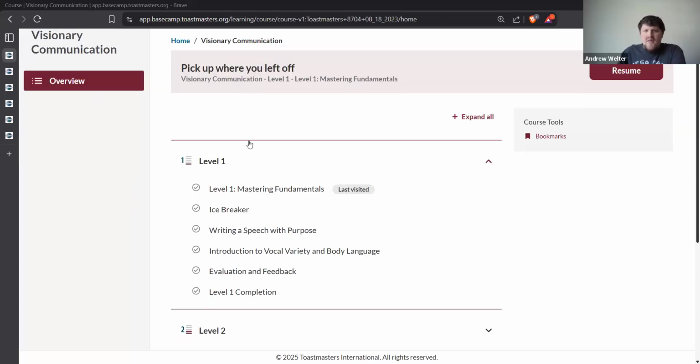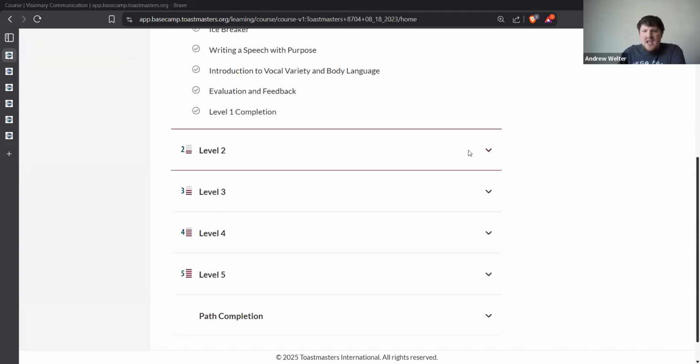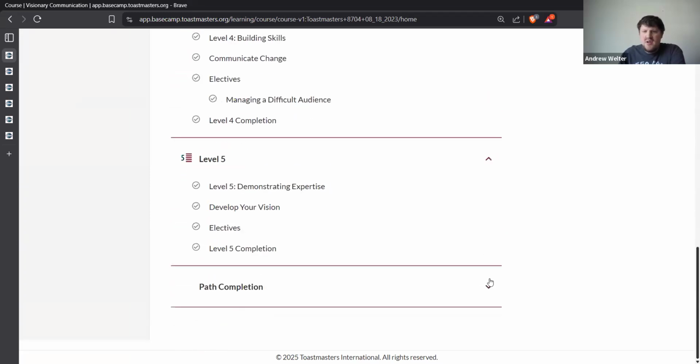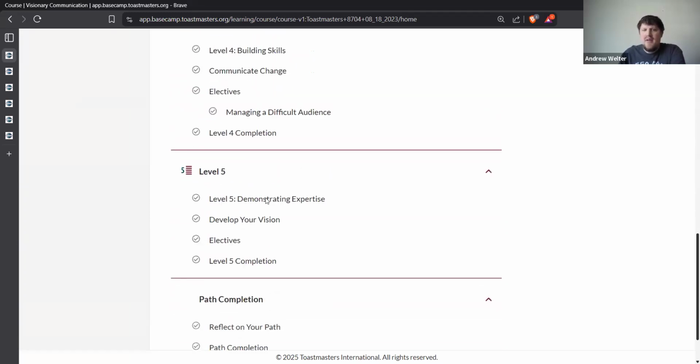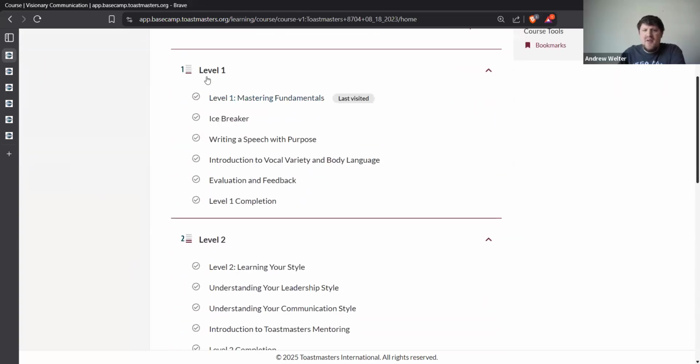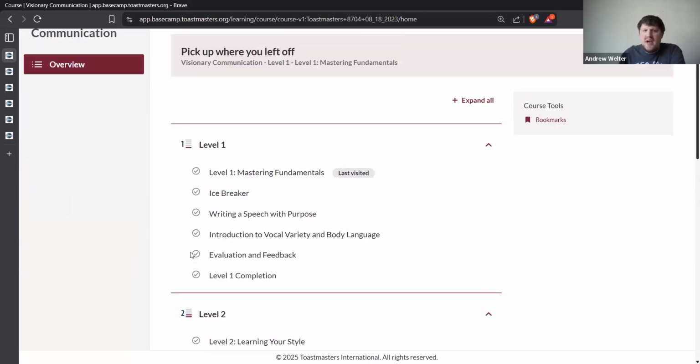So if you get to this overview, you can actually see everything that's within your path. And anytime you complete anything, any of these check marks will become highlighted green. So you'll be able to see them as green check marks.